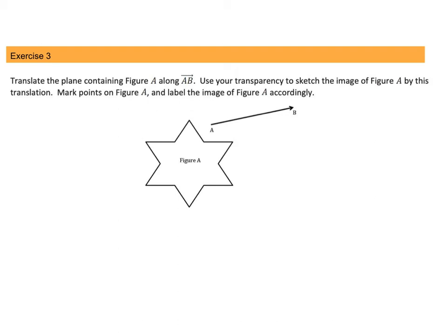So the first thing I want you to do is name this point. Let's just call this C. Let's call this one D, E, F, all the way around, G, H, I, J, K, there's a lot of points, M, N, and O. So there are a lot of points on this figure, and we're going to be translating it.